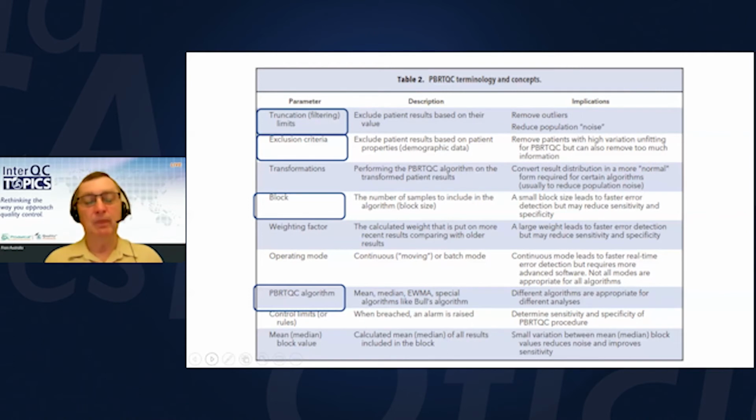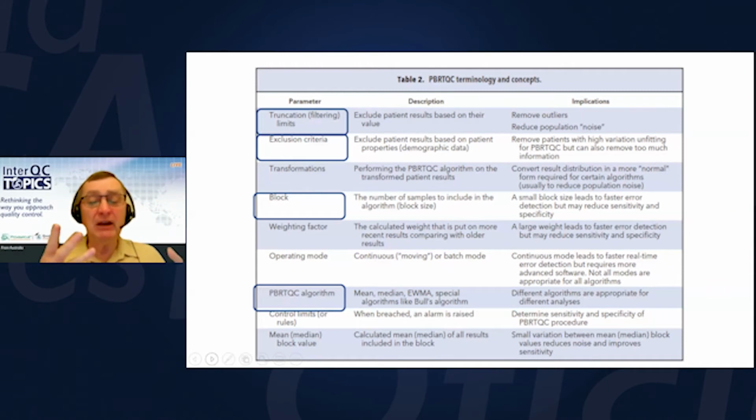You might want to weight the most recent result more heavily than an older result, like Bull's algorithm. So you still take your median or your mean, but you weight the most recent results more heavily than an older result, so they have more impact. That's called an exponential weight.